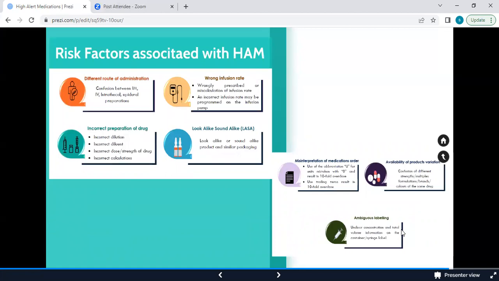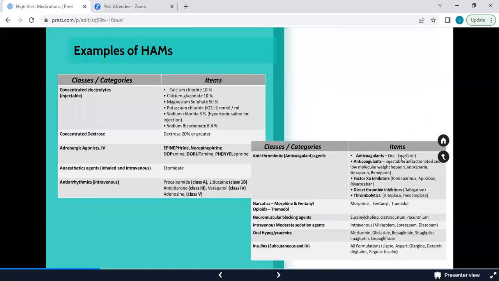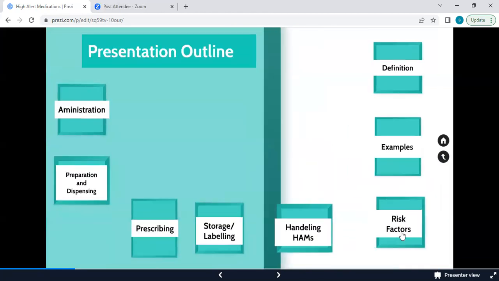Number one, we talked mainly about medications which are used in the intravenous dosage form: concentrated electrolytes as injectables, adrenergic agonists IV, anesthetic agents IV, antiarrhythmics IV, and so on. So this will contribute to that.